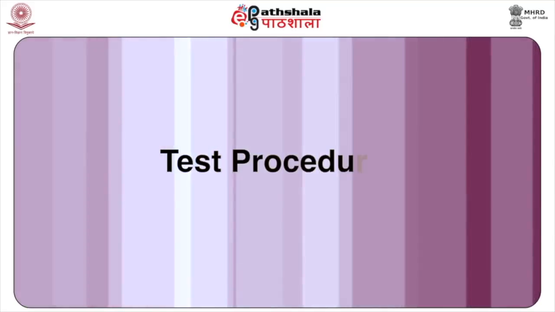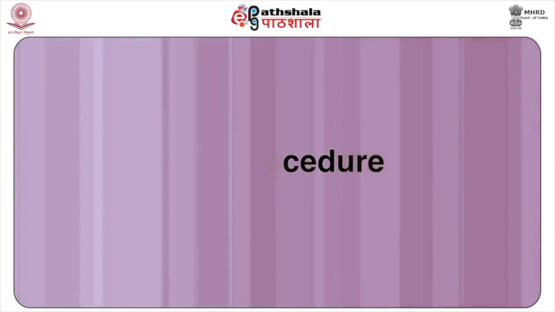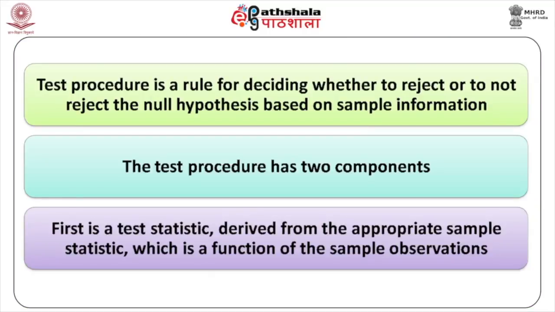Let us now understand what a test procedure is. A test procedure is a rule for deciding whether to reject or not to reject the null hypothesis based on sample information. The test procedure has two components. First is a test statistic derived from an appropriate sample statistic, which is a function of sample observations.